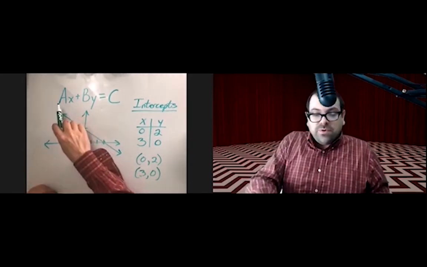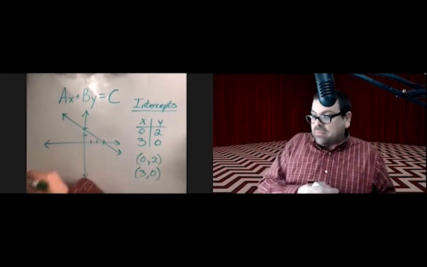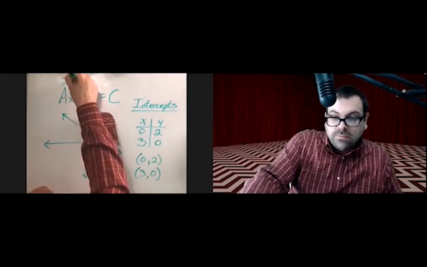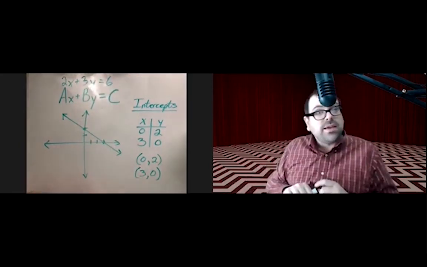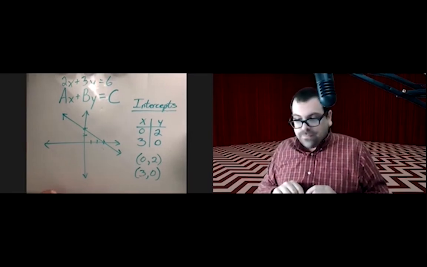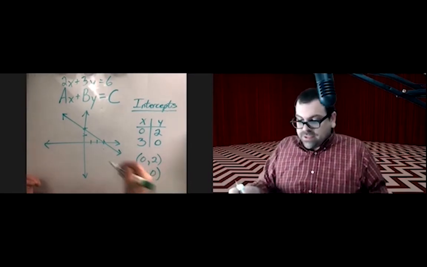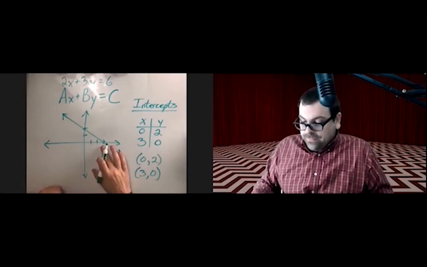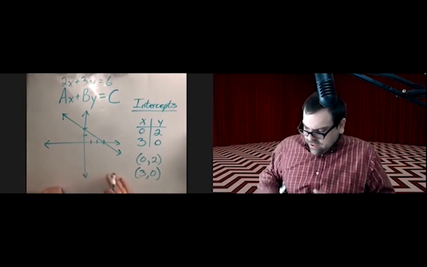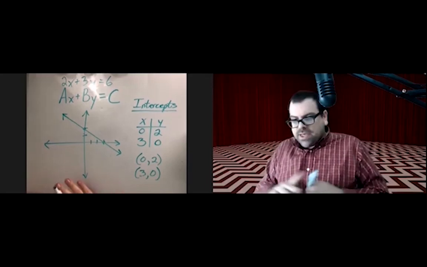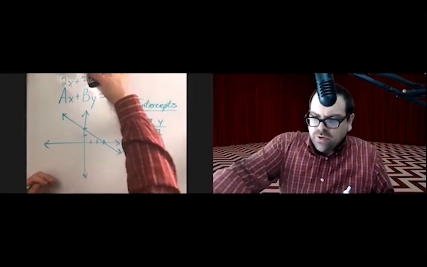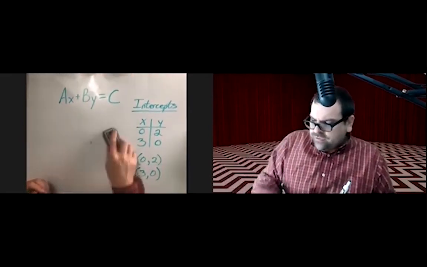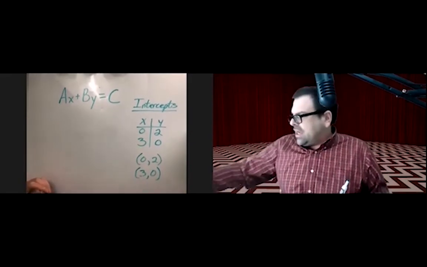When we have real numbers for A, B, and C, in this case, remember we had 2x + 3y = 6, we can use the intercepts to get a point on the y-axis, get a point on the x-axis, and draw the line through. Now I'm going to show the other way, because I said I'm going to prove to you that it is actually a line.